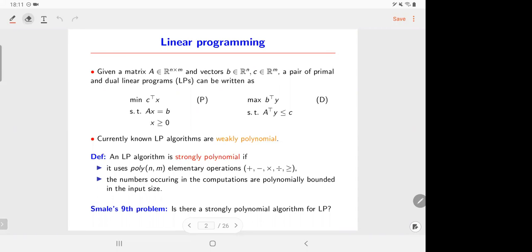The first requirement is that it should only perform poly(n, m) elementary operations, where n is the number of constraints and m is the number of variables in the primal LP. An additional requirement is that the numbers that occur throughout the computation should remain polynomially bounded in the input size. An important problem raised by Stephen Smale is whether there exists a strongly polynomial algorithm for LP. By the way, if you have any questions, feel free to stop me at any point in time.